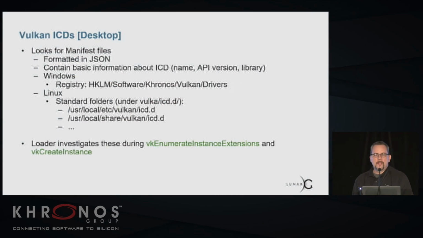So looking for ICDs, it actually looks in different locations based on your operating system. On Windows, it's going to look at the registry, and there's a registry location right here. And on Linux, it's actually going to look in some standard folders. Again, if you want more details, you can dig into the loader and layer interface doc.